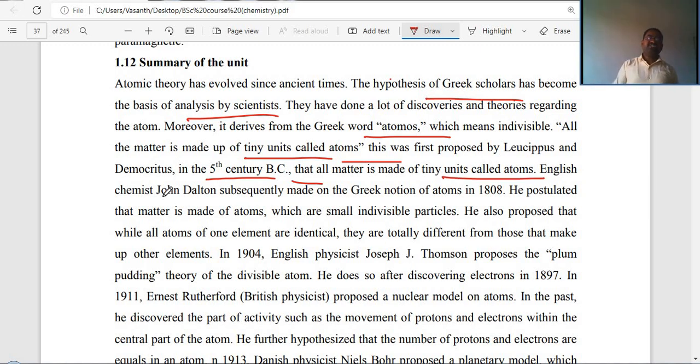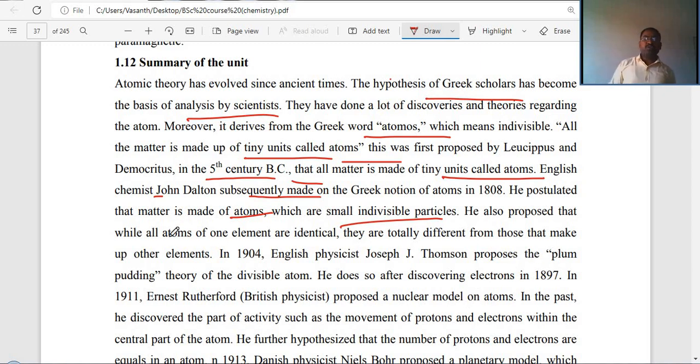The English chemist John Dalton subsequently made the great notions of atoms in 1808. He postulated that matter is made up of atoms, which are small indivisible particles.